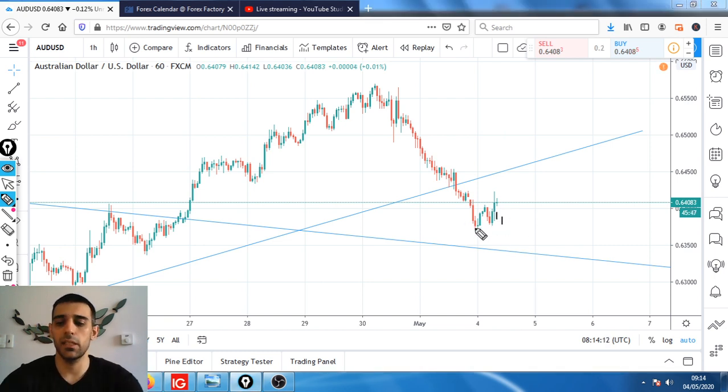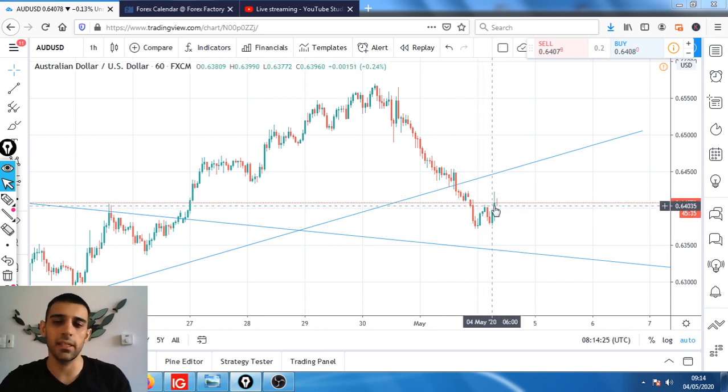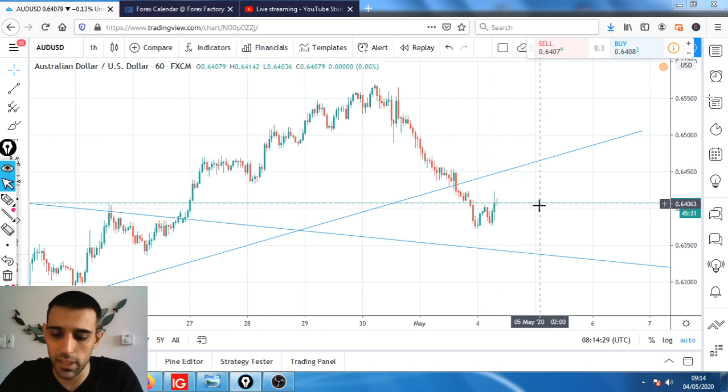So this is more observation. It has to do a few requirements which I mentioned earlier in order for me to take the trade. I can't really discuss any entries because it would be quite inaccurate.